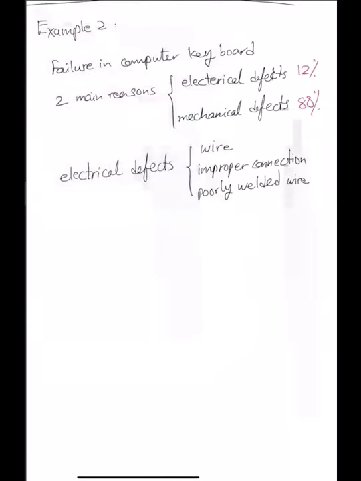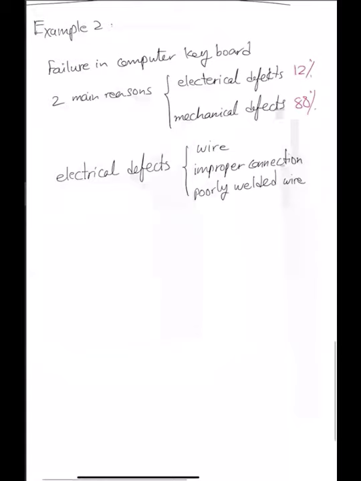And we know that of all the electrical defects that we have had so far, 35% are because of the wires, 13% are because of improper connections, and 52% are because of poorly welded wires.